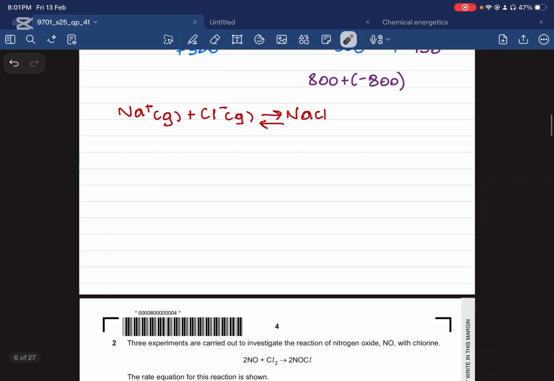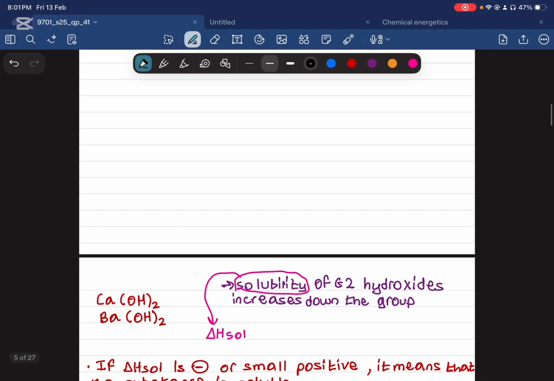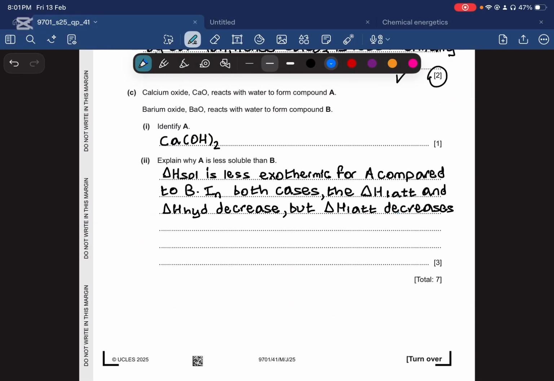Look at this. If this is decreasing, isn't the value becoming more and more negative? So we can say it's becoming more negative rapidly or more exothermic rapidly, or decreases, negative, exothermic, it's the same thing. So decreases more rapidly.